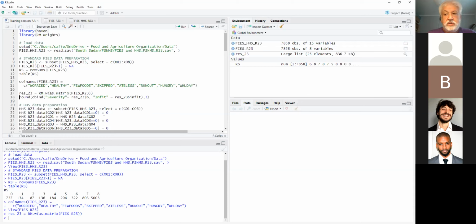I'm not worried about the use of sampling weights or other things, because for this demonstration I just want to guide you through the principles of the analysis. So the results that we obtain could not be considered a final assessment of food insecurity based on this data.